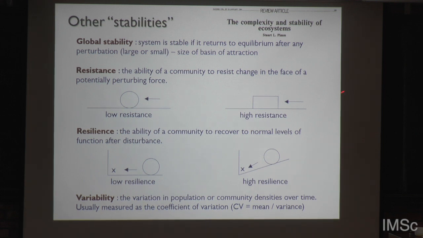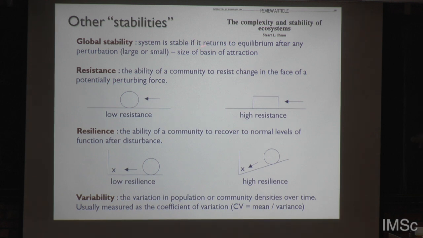Okay? So, Stuart Pimm, an ecologist, actually in 1984 wrote a very wonderful review called Complexity and Stability of Ecosystems, where he pointed out that when someone talks about stability, you better make sure what kind of stability that person means, because it could be any of these.